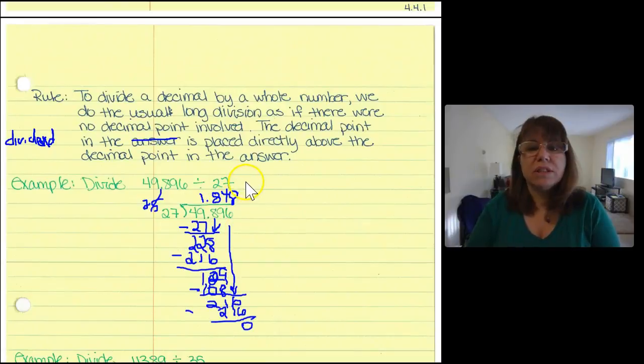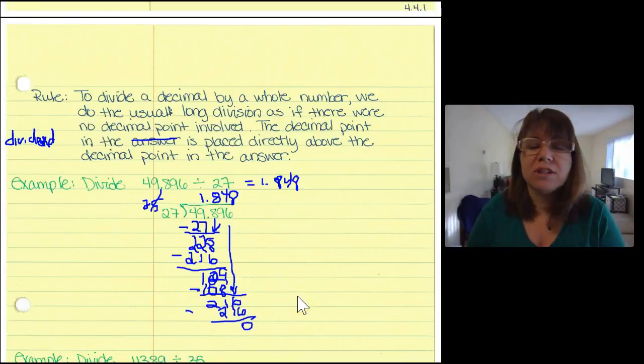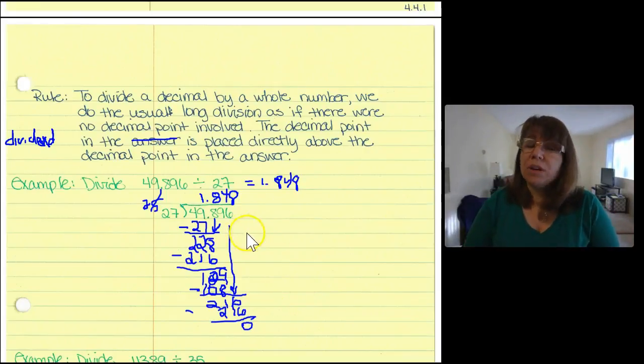So our answer is 1.848. Ugh, my writing is horrible, but I do apologize for that. But you can see how the process works through. All we do is place the decimal right above where it is in the dividend in our answer. And then we're going to do our long division like regular.